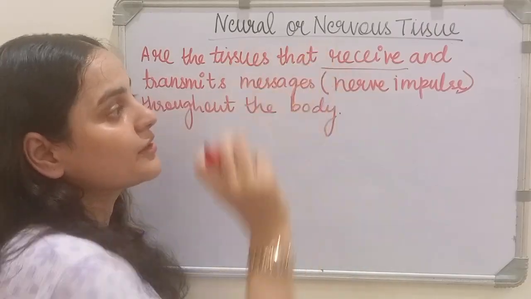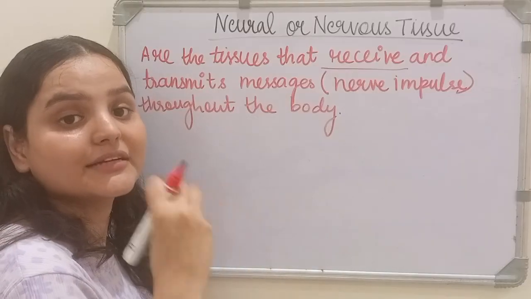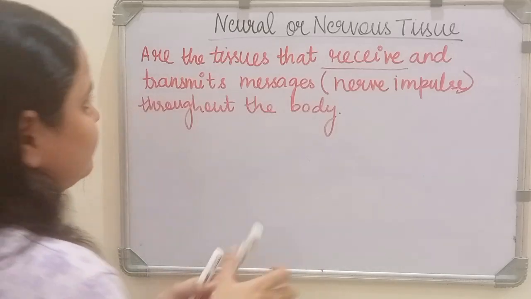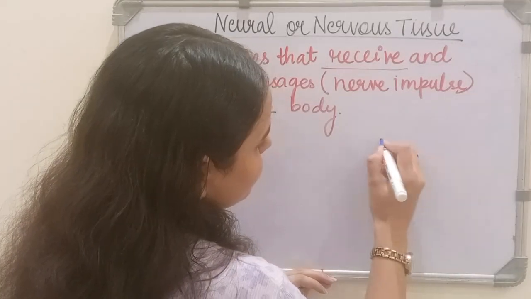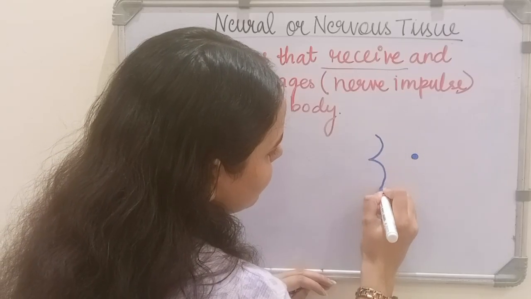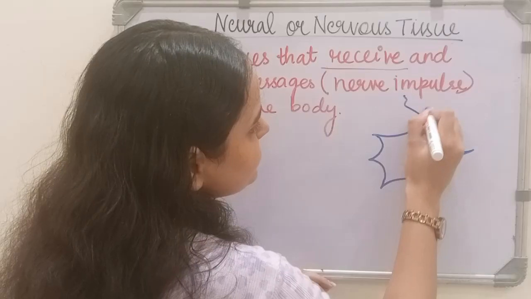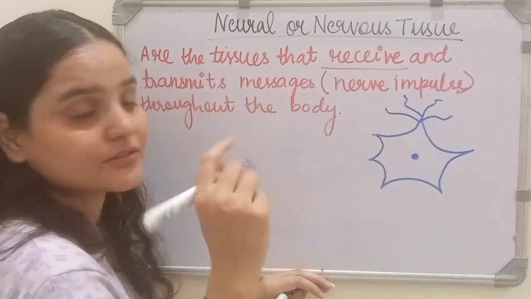Now this neural or nervous tissue consists of nerve cell. So let's draw the diagram of a neuron or nerve cell. These hair-like projections are called dendrites and a single is called dendron.